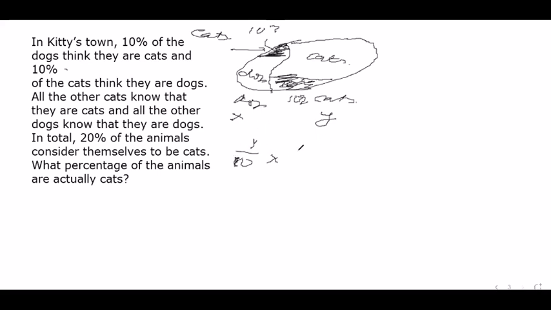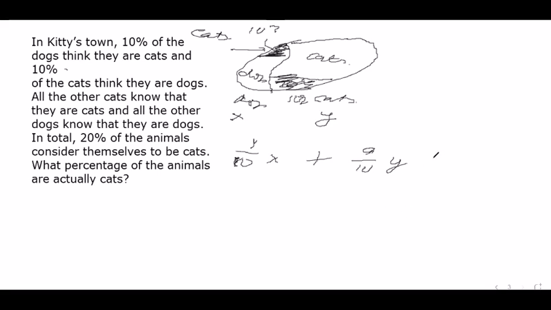Now from the other population, 10% of them think that they are dogs. So the remaining ones think they are cats. So 90% of them, which is 9/10 of Y, think they are cats.